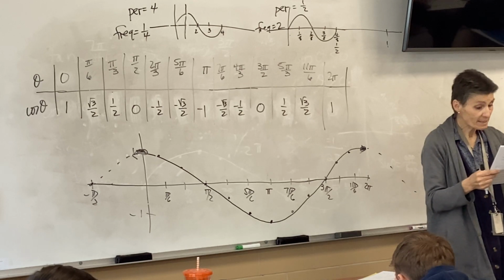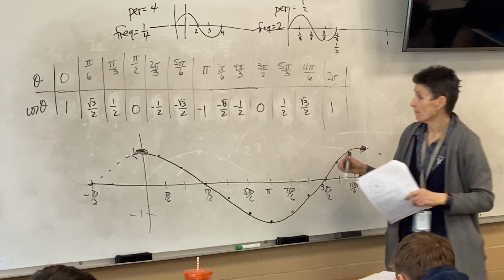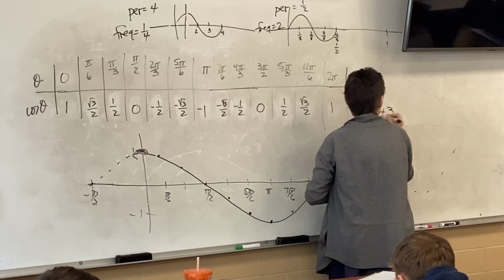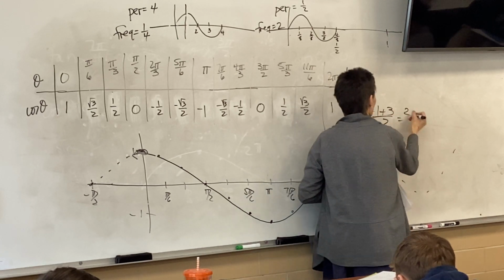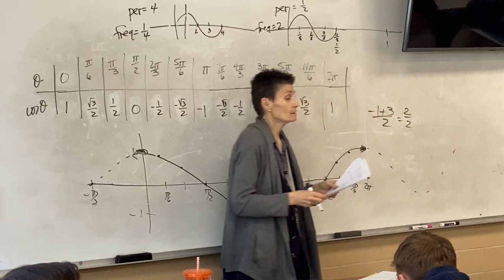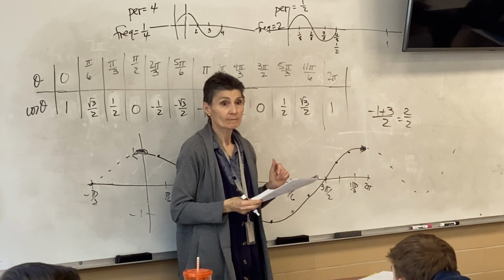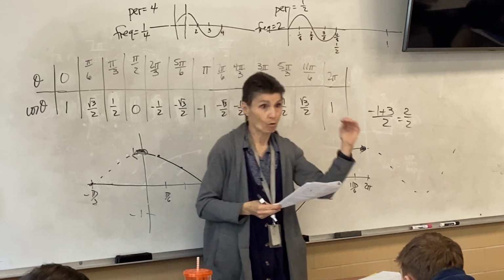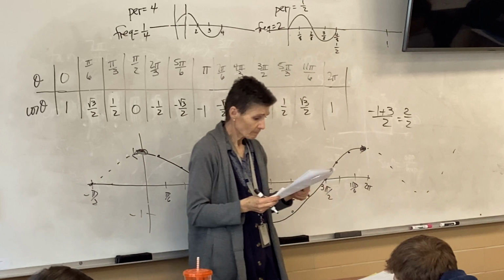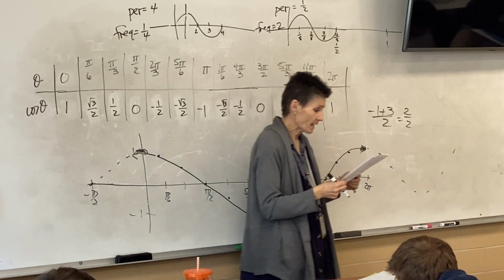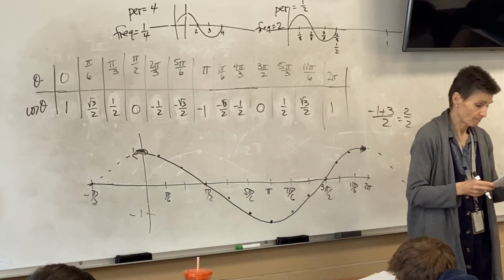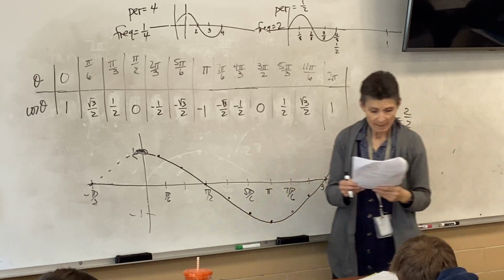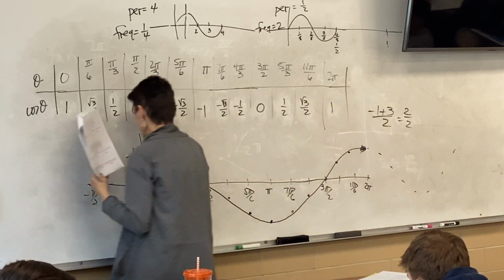So the bottom is at -1, the top is at 3, the middle of that is 1. Everybody okay? Sometimes it helps to draw it in. What's your amplitude then? 2. Perfect.